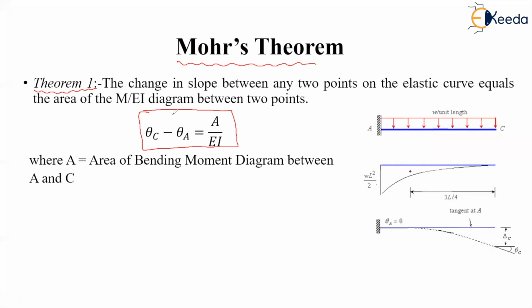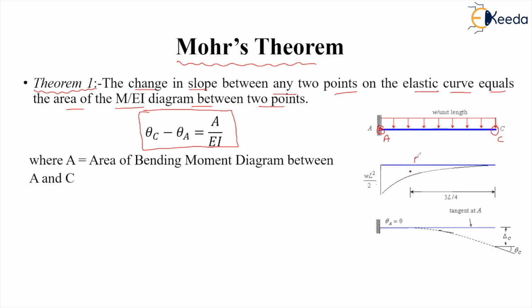The change in slope between any two points on the elastic curve equals the area of the M by EI diagram between the two points. Say we select two points, A and C, and we want to find the difference in slope between A and C. First we draw the bending moment diagram.